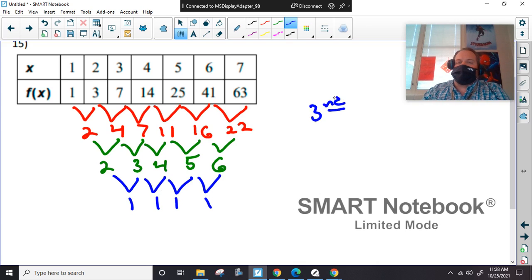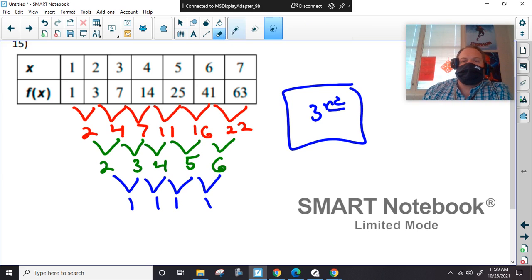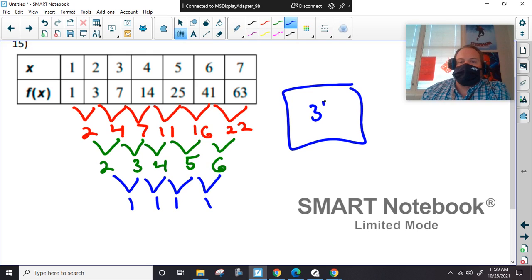Third. So this is a third degree. Now, that's the answer. We could take this data, plug it into a polynomial regression as long as we knew the degree, and it would give us the actual polynomial for this.